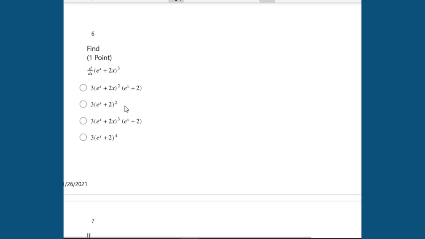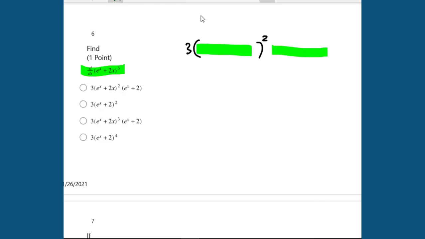Number 6. Okay, this one, differentiate this term. Here you see the power rule, working from outside to inside. So 3 squared, and then you need to differentiate whatever is inside the bracket. First copy 2x, then differentiate e^x.